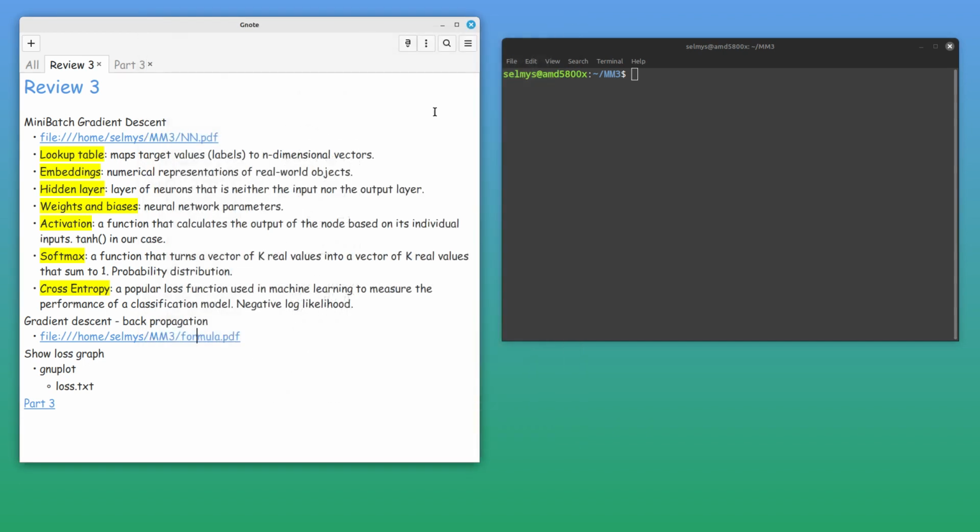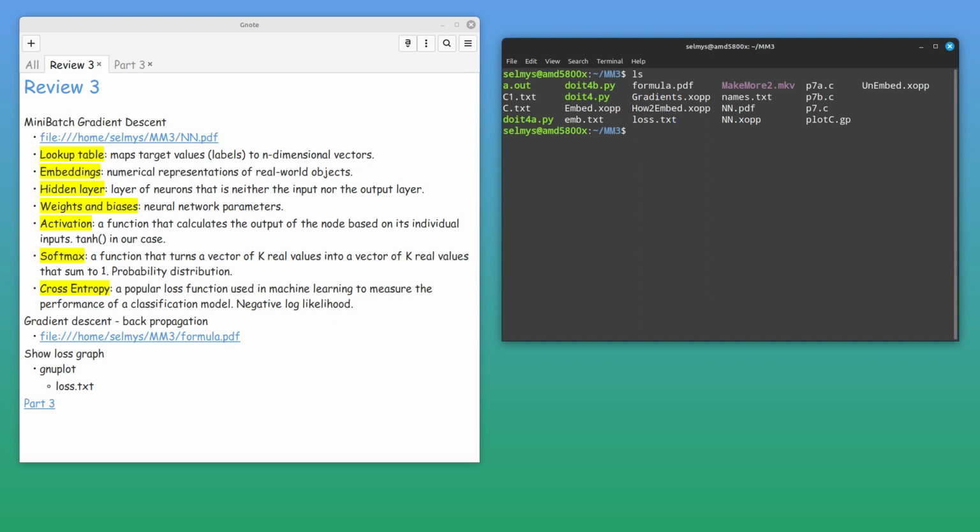And what else do we have here? Oh, what I didn't show you last time was a plot of our loss. What I did here was, in one of my C programs, I just put in a print statement to print out the loss.